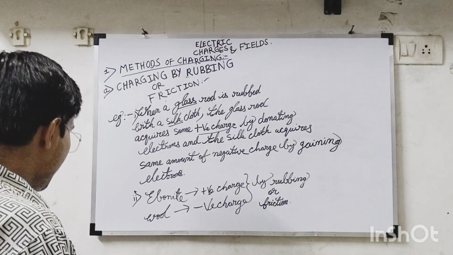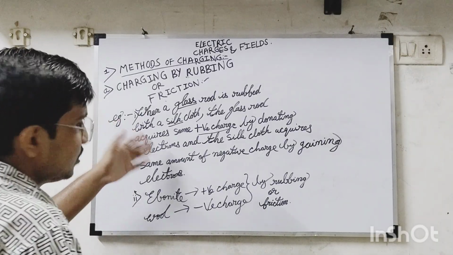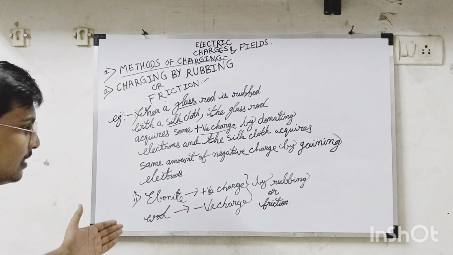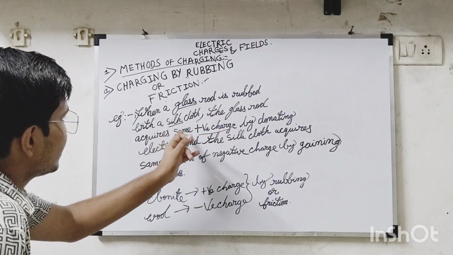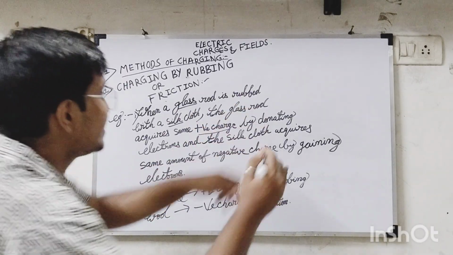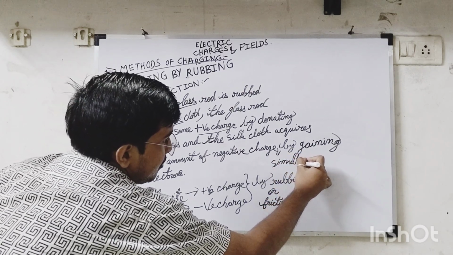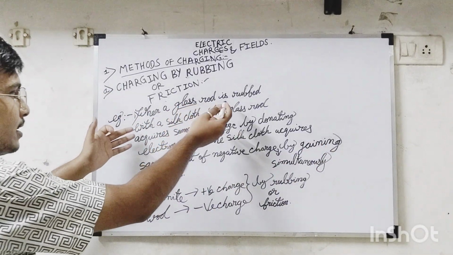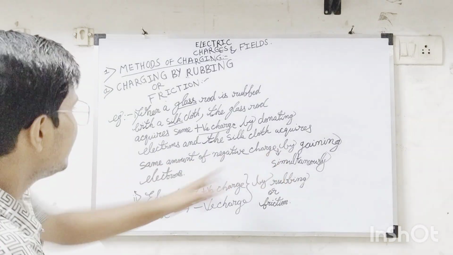Now the second point. What is the second point? Charging by contact or conduction. For this I need to rub it down. Okay, you can stop the video and see it properly. What is written on the board? When a glass rod is rubbed with a silk cloth, the glass rod acquires some positive charge by donating electrons, and the silk cloth acquires the same amount of negative charge simultaneously by gaining electrons.